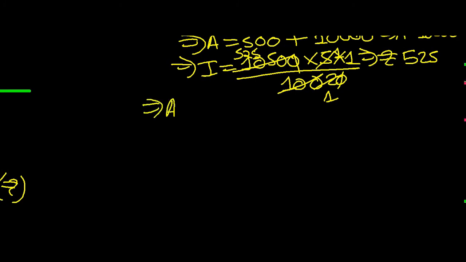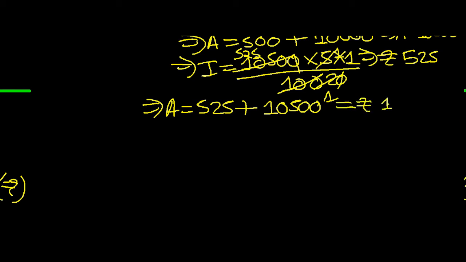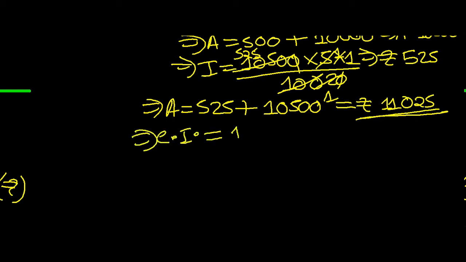We find the amount at the end of the second year. 525 plus 10,500, which is rupees 11,025. Now the compound interest. The amount 11025 minus 10,000, which was the principal.